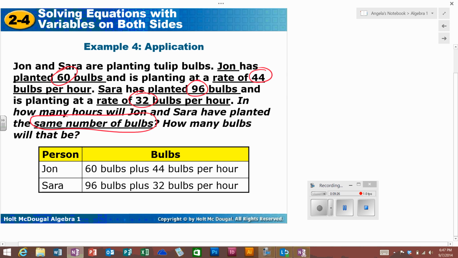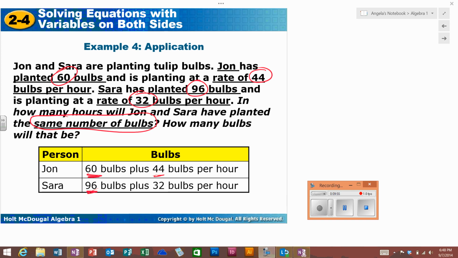Okay, so if this was a problem in your homework, I would suggest writing down information. So you could write John, and then we could put he's done 60 bulbs plus 44 per hour. So he's already done 60, and we know he's going to do 44 more per hour, okay? Sarah, we know, has planted 96, and she's going to plant 32 per hour after this.